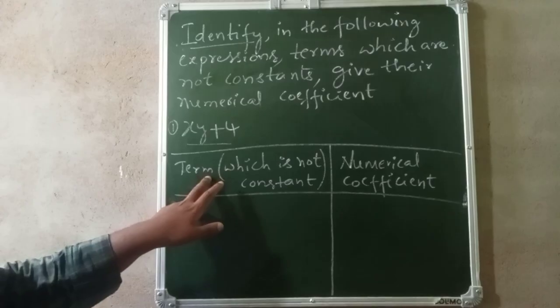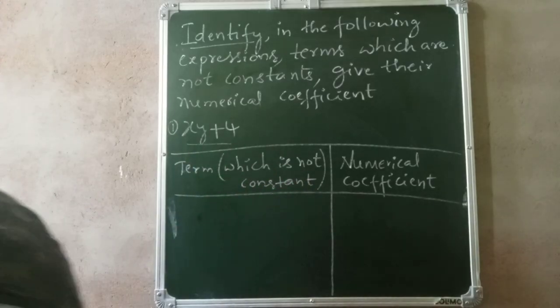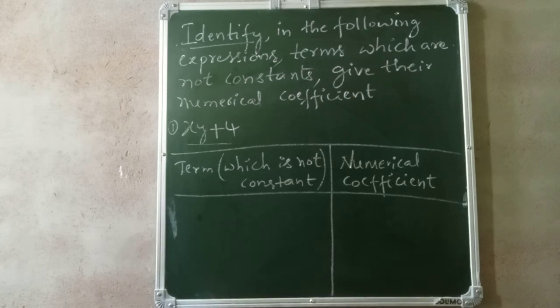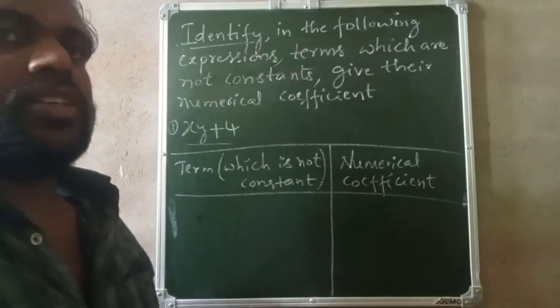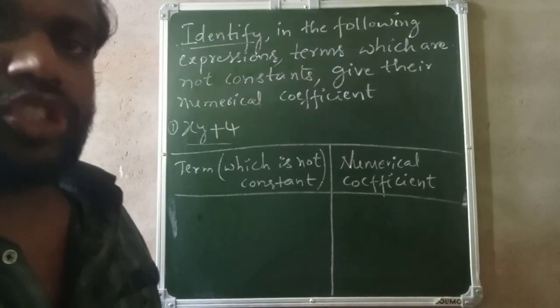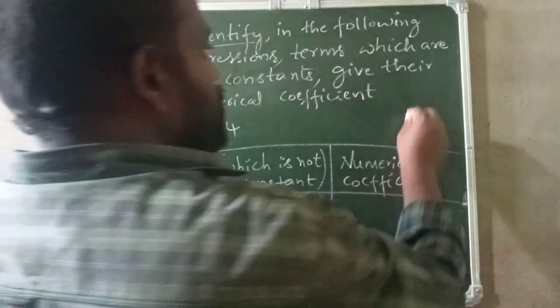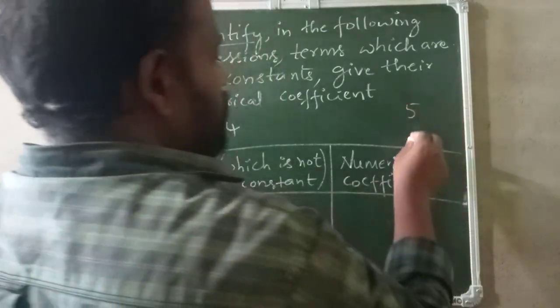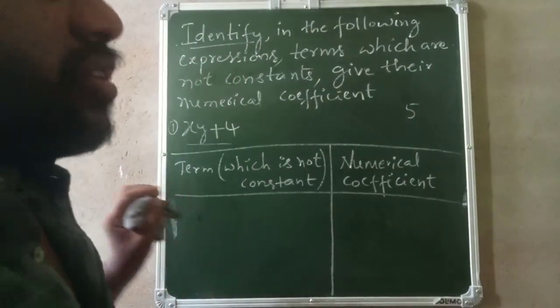The first, see, this term which is not constant. First of all, a constant is a number. Constant means its value won't change with time. For example, if it is separately 5, it's a constant. 5 is just a number.